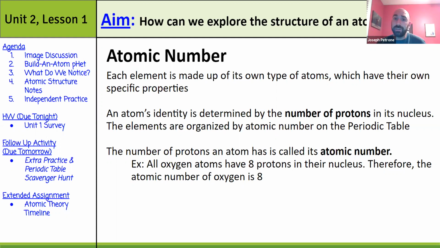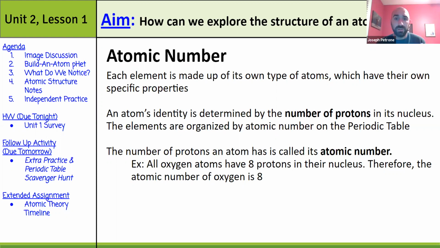An atom's identity is determined by the number of protons found in its nucleus. This is known as the atomic number, and all elements are organized by this atomic number on the periodic table. We go from 1 to 118, in order by the number of protons.